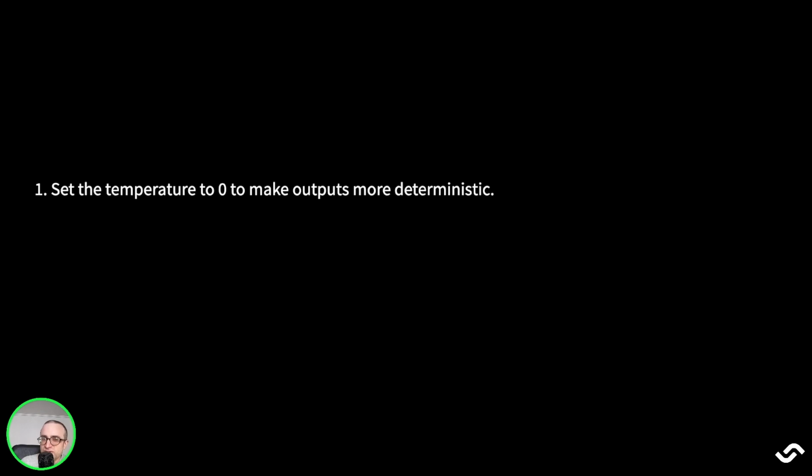So let's recap a little bit the tips for testing language models. First, we should set the temperature to 0 to make the output a little bit more deterministic. Learn and use the prompt syntax for the model. Each model has a different syntax for the human and assistant interaction, so we need to use that correctly.